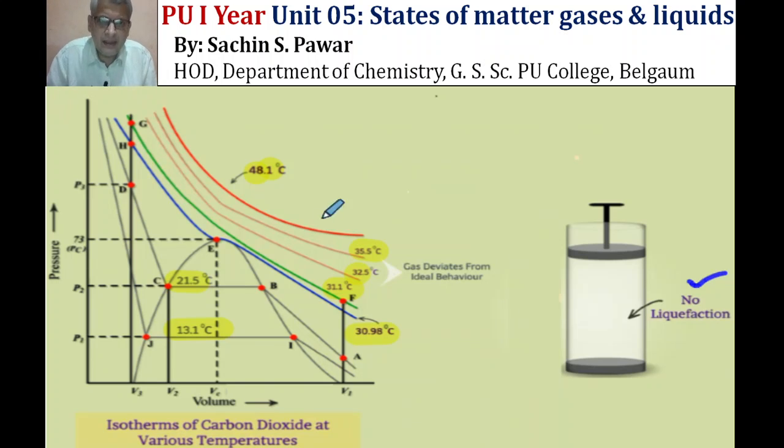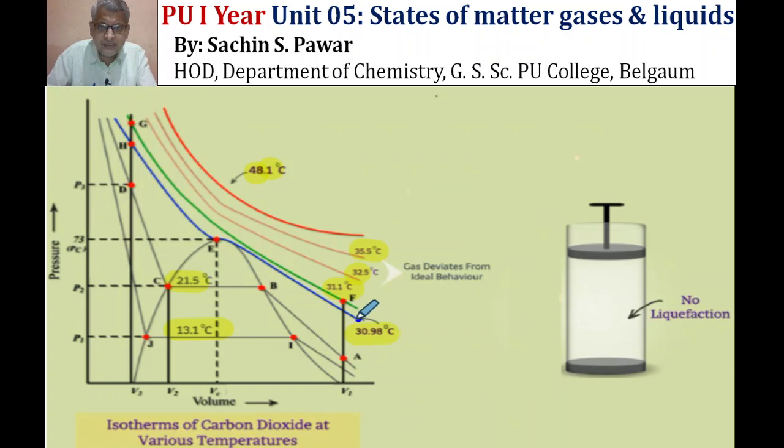Okay. Now let us continue with 30.98 degrees Celsius. When you go for 30.98 degrees Celsius, again you see what's happening.